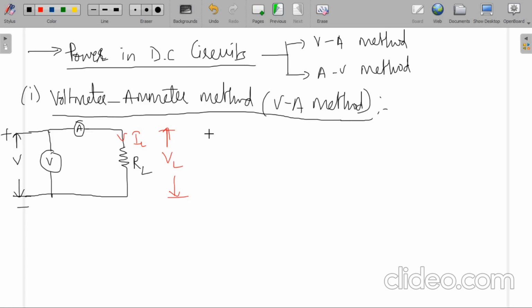Now the measured power, that is the power indicated by these two instruments, is nothing but measured power.